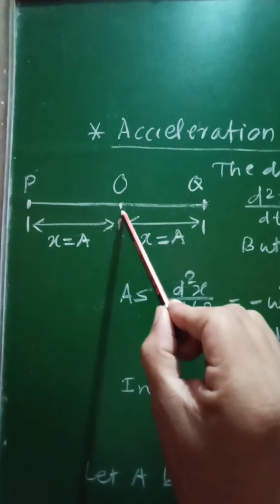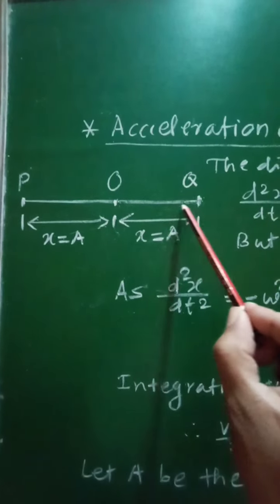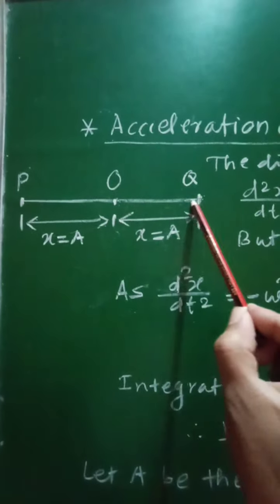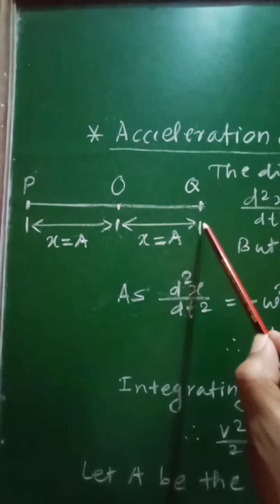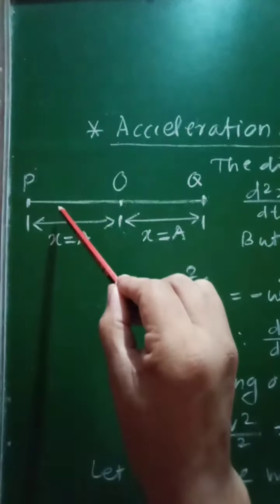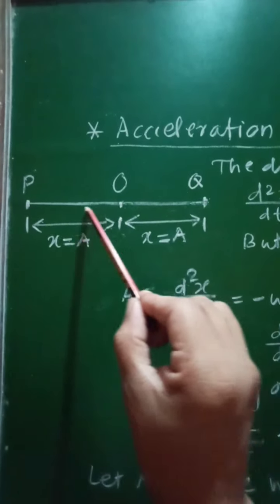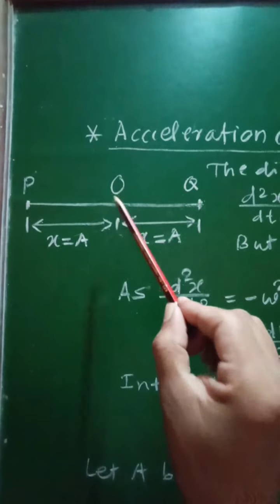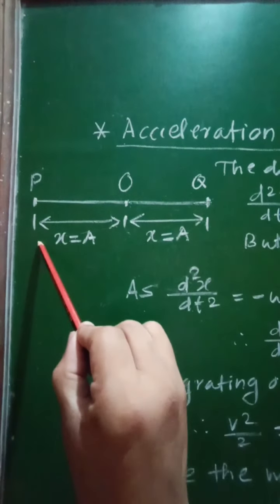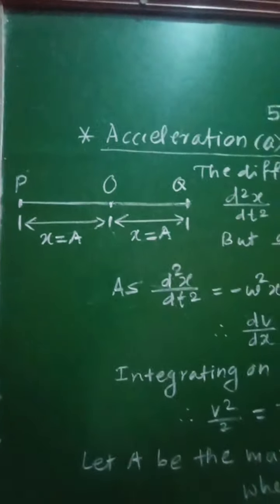So when it is moving from O to Q, again it will come back from Q to O only when at this point Q velocity is equal to 0. Similarly at point P, when that particle moves from O to P, again it will come back from P to O only when velocity at position P is equal to 0.